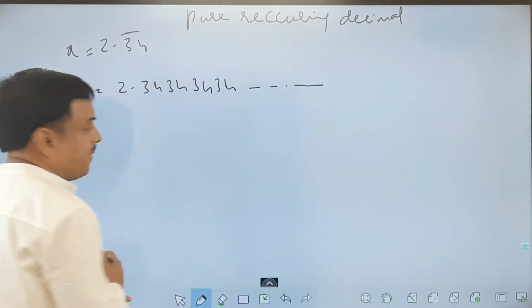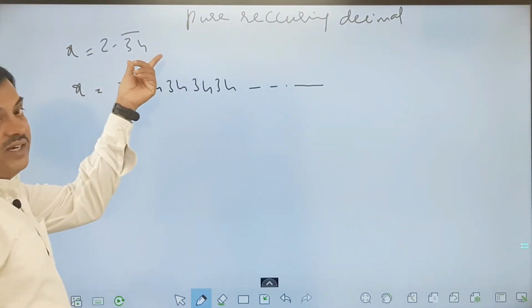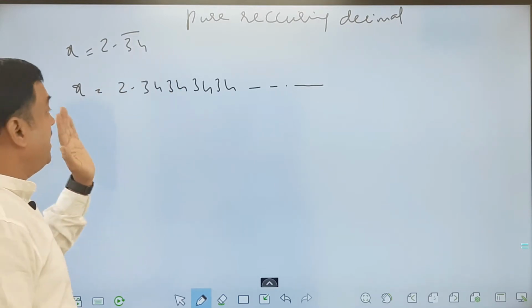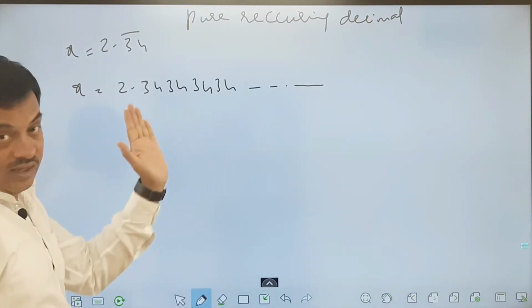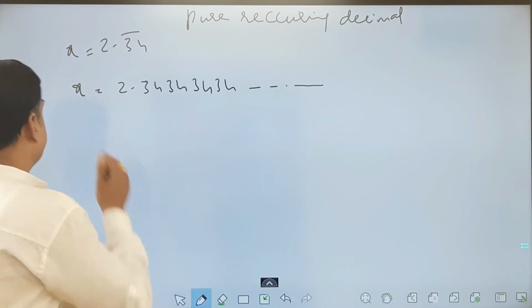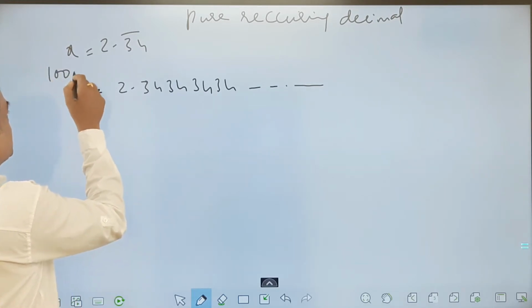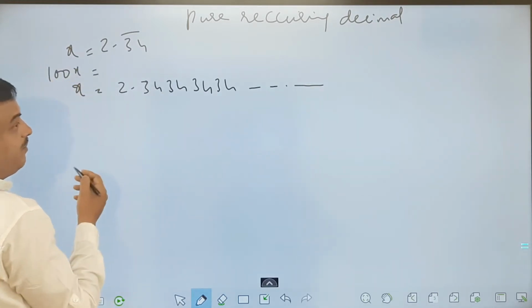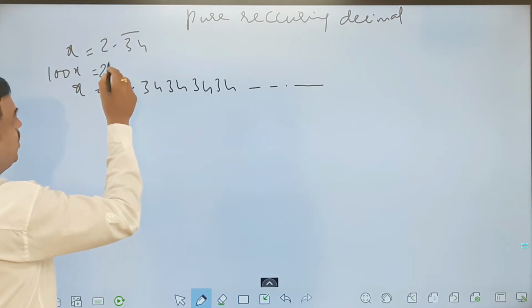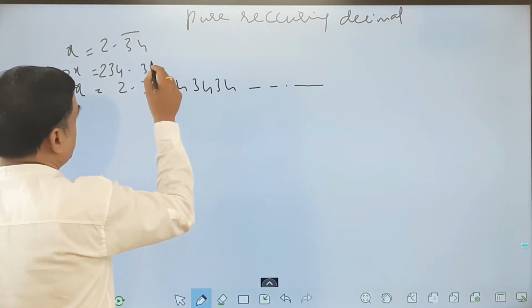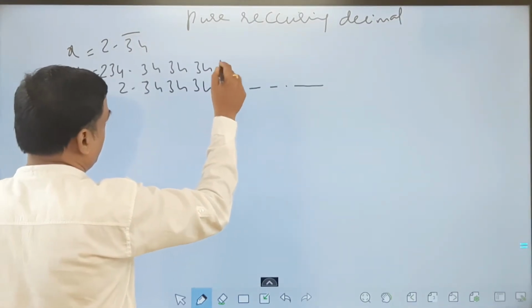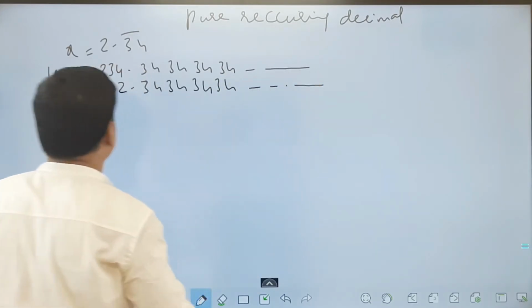And what is the periodicity, friends, here? 2. So I'll multiply this number with 100 on both sides. So I'll multiply this with 100x here, and after multiplying with 100, this is going to be 234.34343434 and so on.